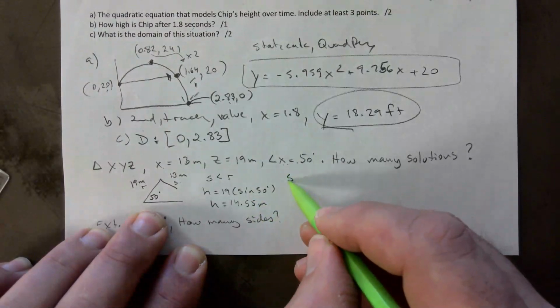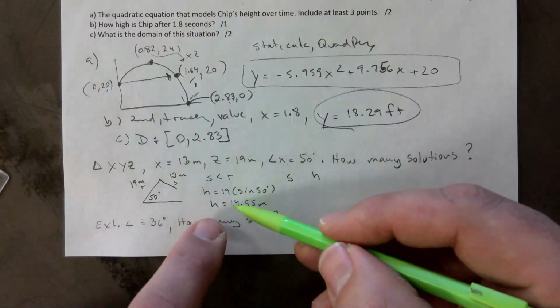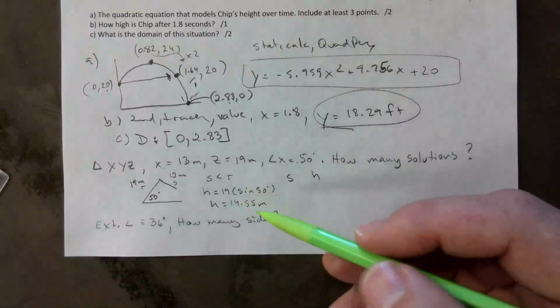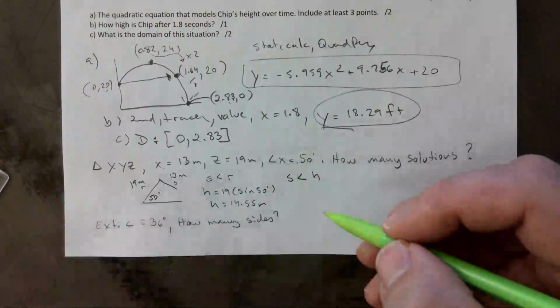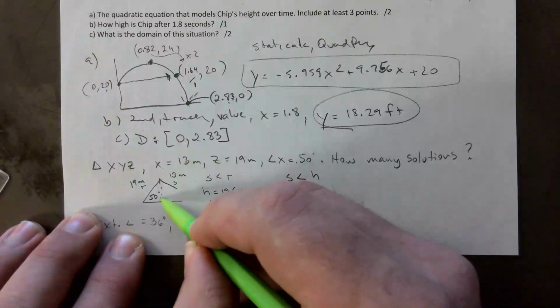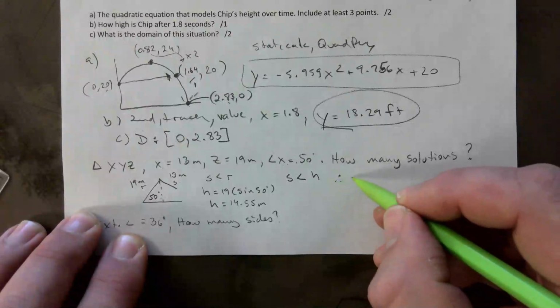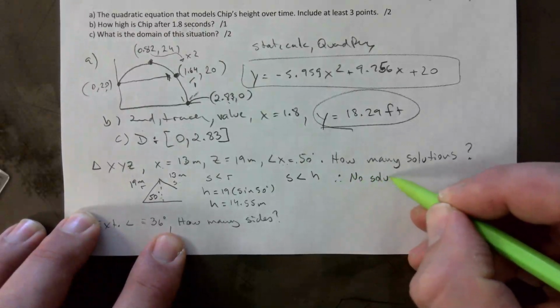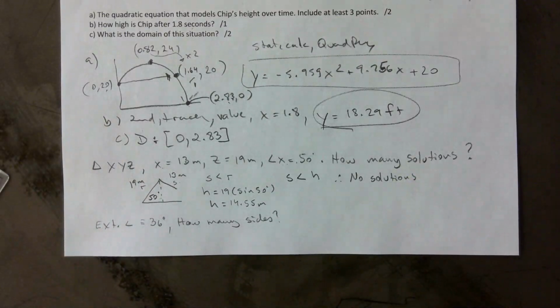And then you conclude, you compare your string and your height, because once you get into this route on your chart, there's 3 options after you find the height. And the string is shorter than the height. Like this height that you found, right, the string is shorter than that, so it's never going to touch the ground. So therefore, no solution, right? No solutions. Or 0 solutions, it's up to you. That's how you do it.